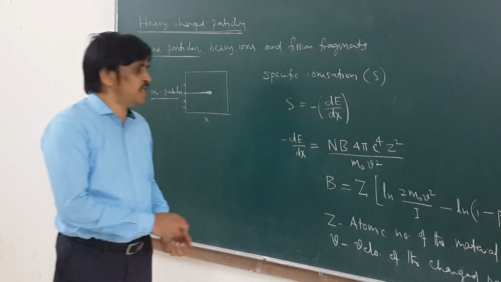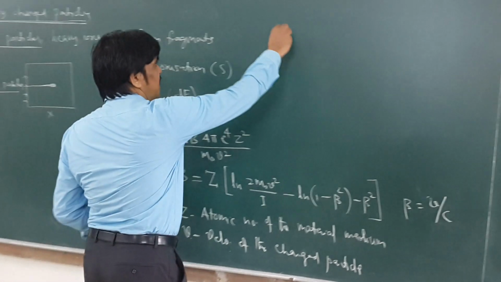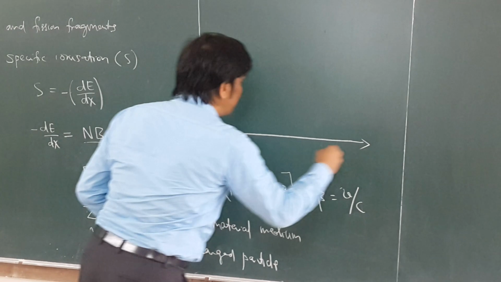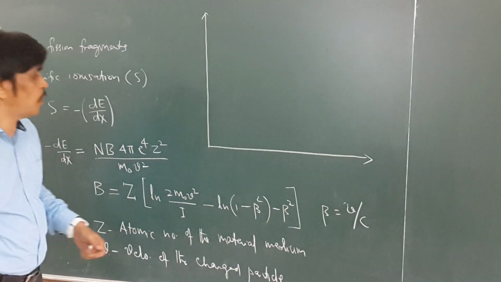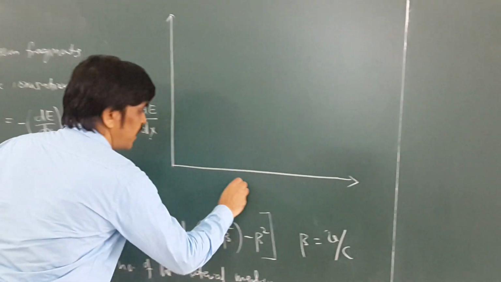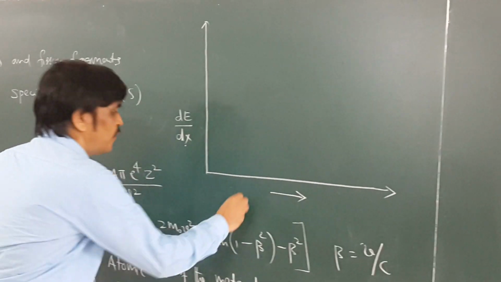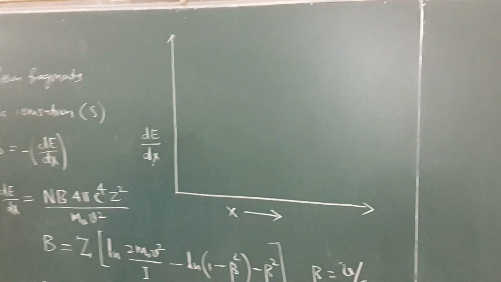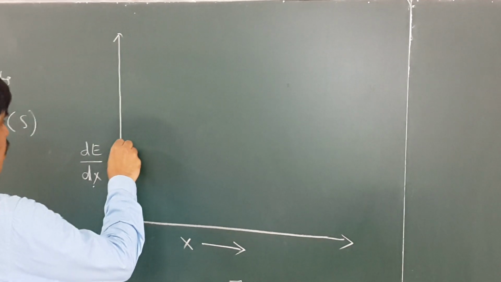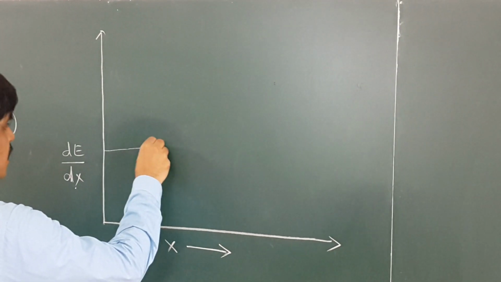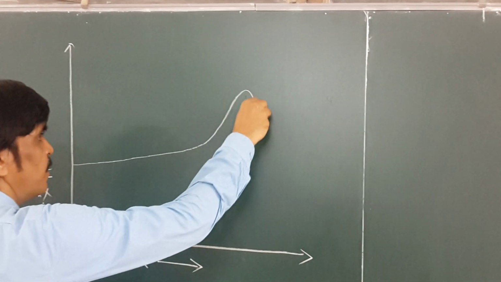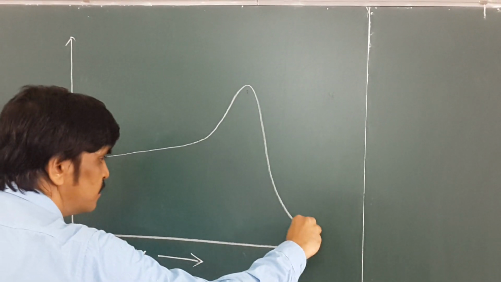So let us see how this dE by dx varies as a function of the thickness of the material medium. We will plot dE by dx as a function of x. Initially there will be some amount of energy loss and it gradually increases with the thickness, and at the end you will see the maximum deposition of energy.